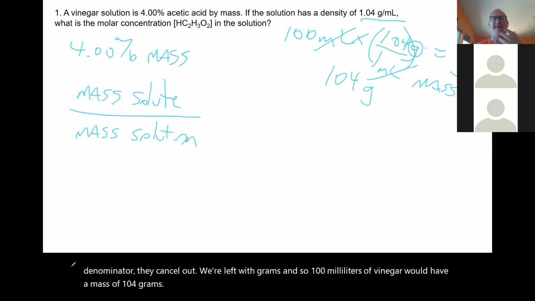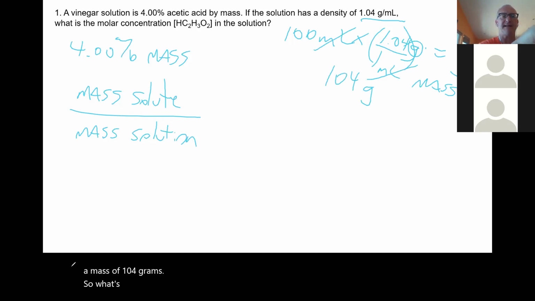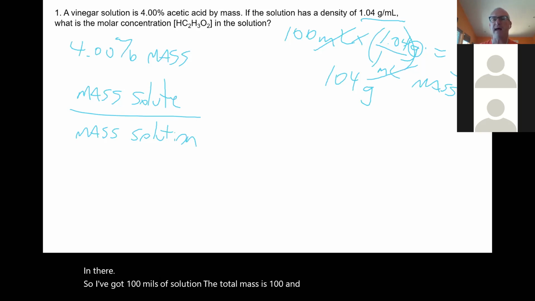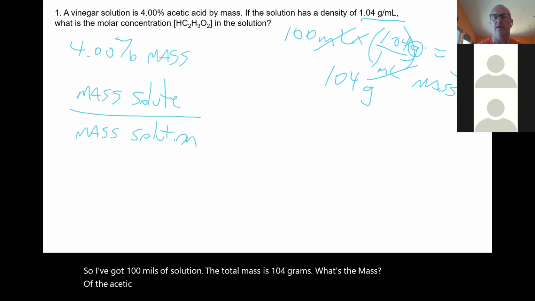So what's the mass of our acetic acid? What's the mass of our acetic acid in there? So I've got 100 mils of solution. The total mass is 104 grams. What's the mass of the acetic acid in this 104 grams?